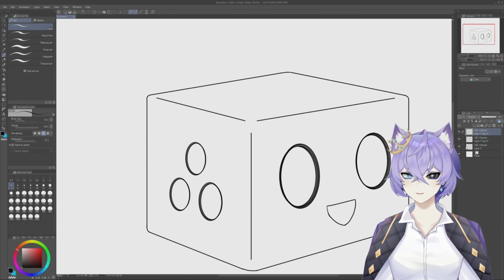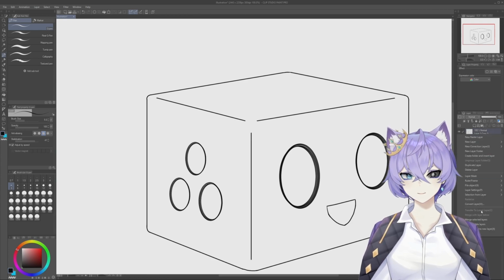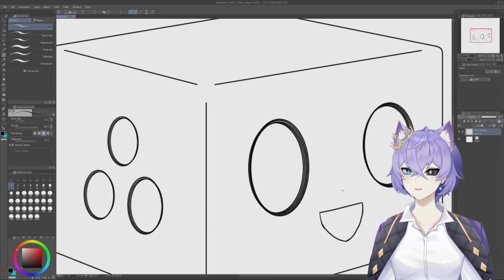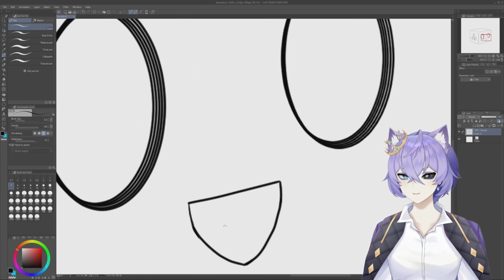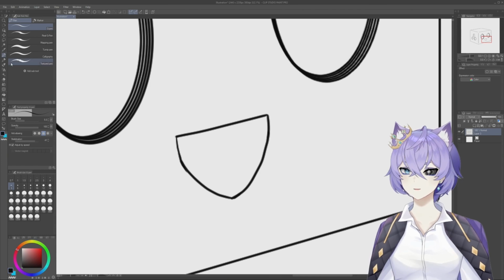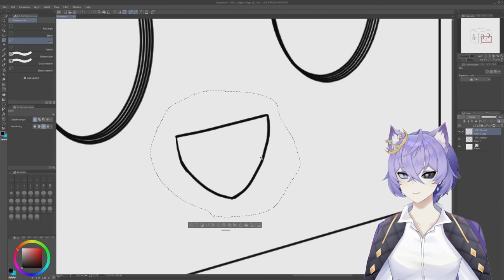Okay, it's time for tentacles. Guess I might as well merge these layers. Okay, actually not quite yet time for tentacles. This needs to be given the same treatment.